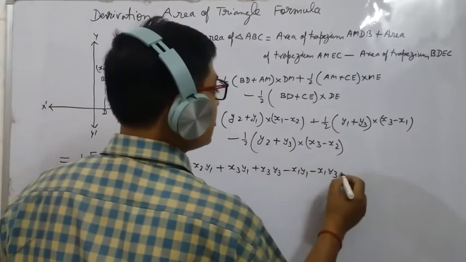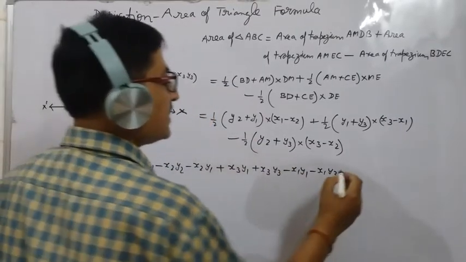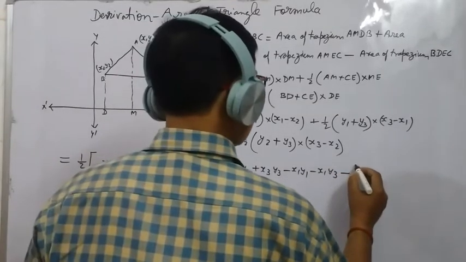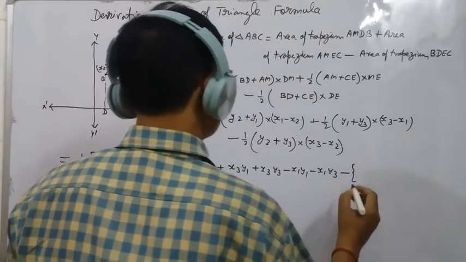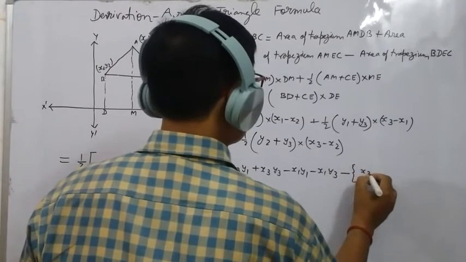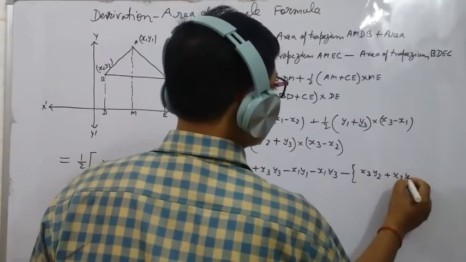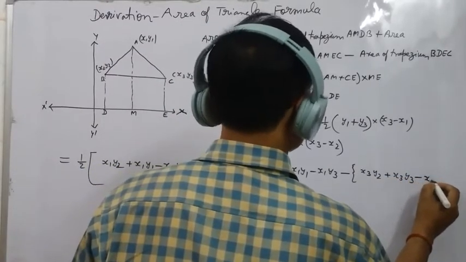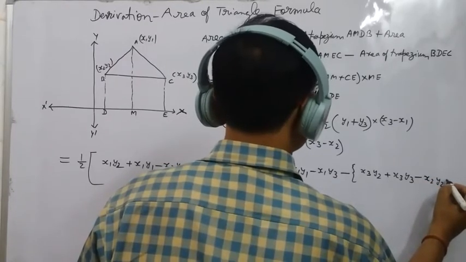There the minus sign is there, so I am writing it in brackets to avoid confusion: x3 y2 plus x3 y3 minus x2 y2 and minus x2 y3.